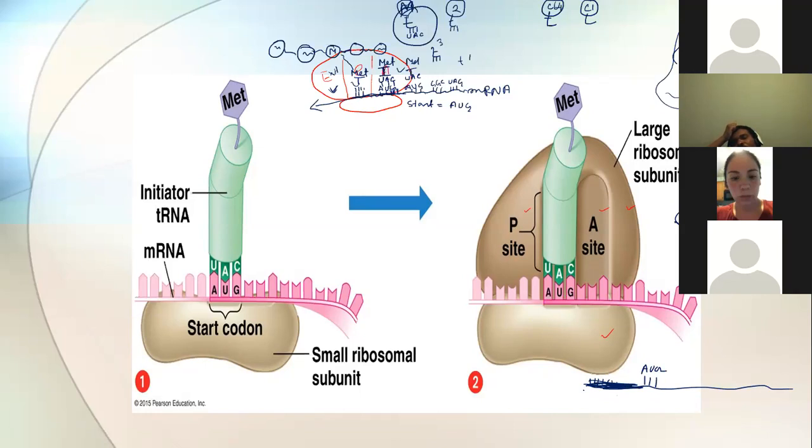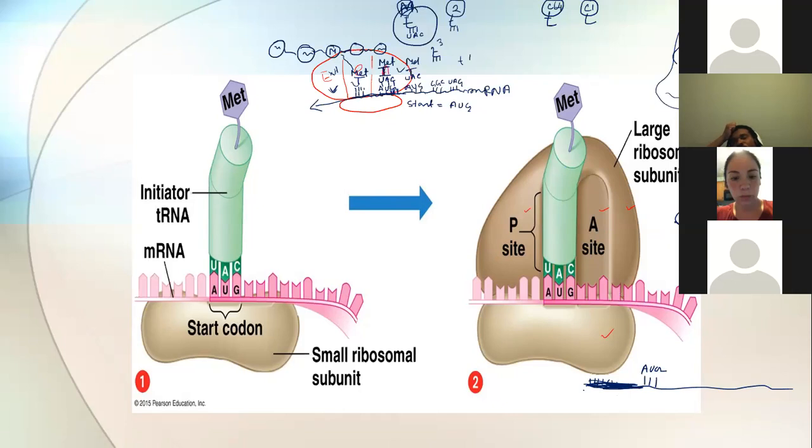Then the complementary anticodon comes. This green part is the tRNA, and this is the anticodon. The tRNA has two characteristics: on the head it has one amino acid, and on the tail it has the anticodon, and that anticodon needs to match the codon on the messenger RNA.